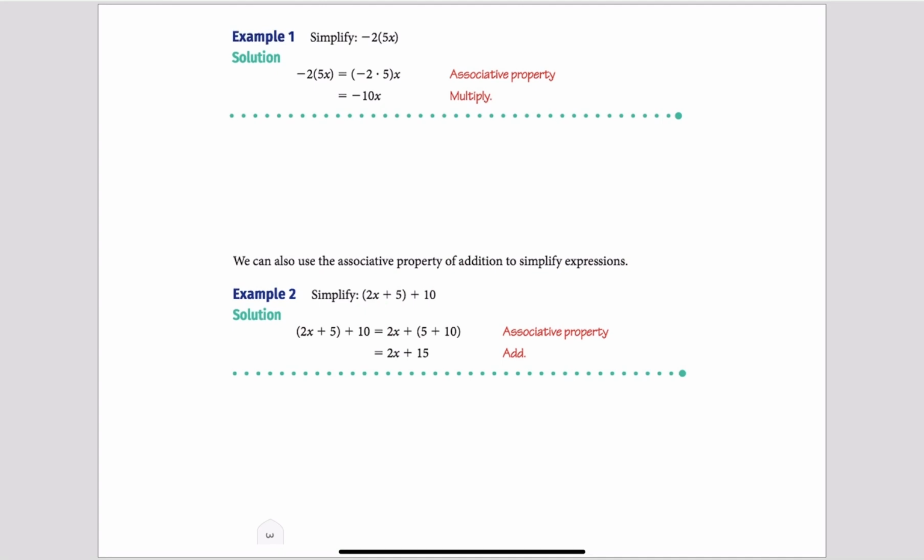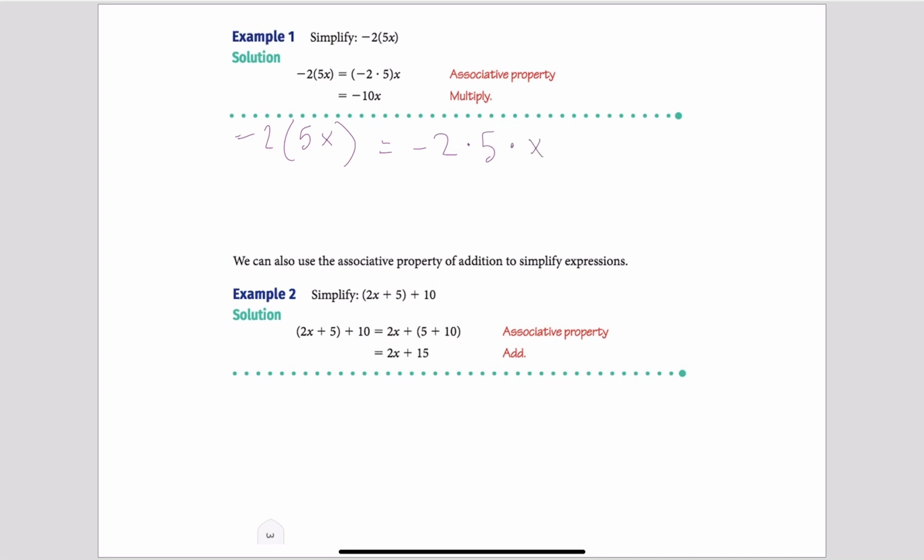So let's have a look first, before we get into the distributive property, at the associative property. The associative property says that if you have a multiplication problem like this, it is really the equivalent of negative 2 times 5 times x.